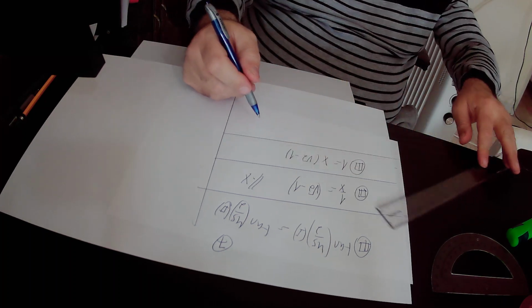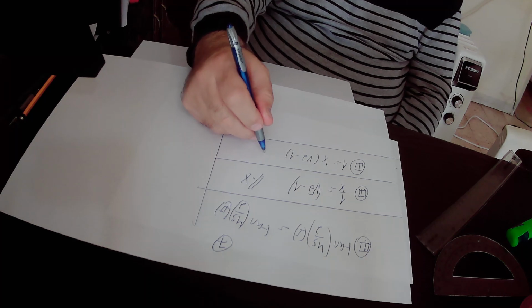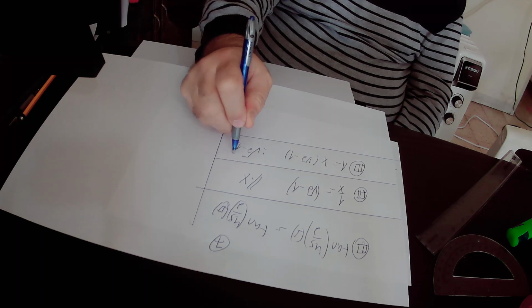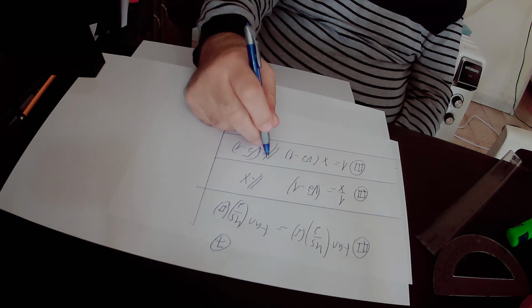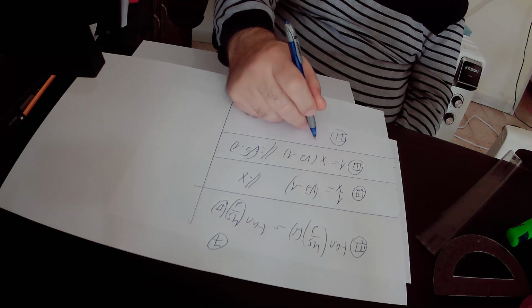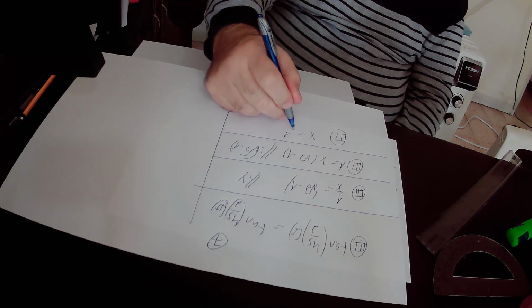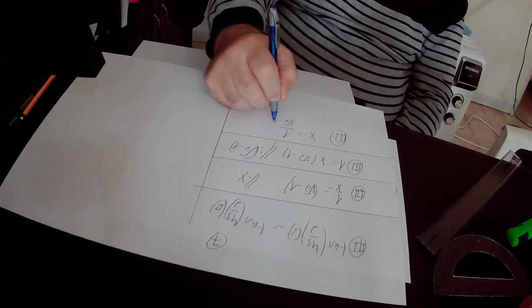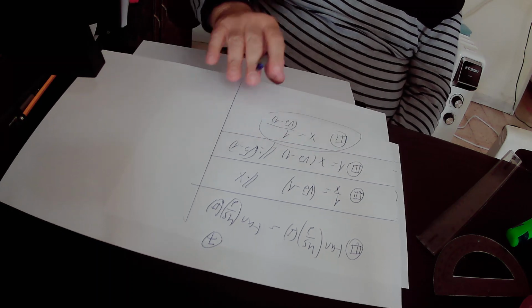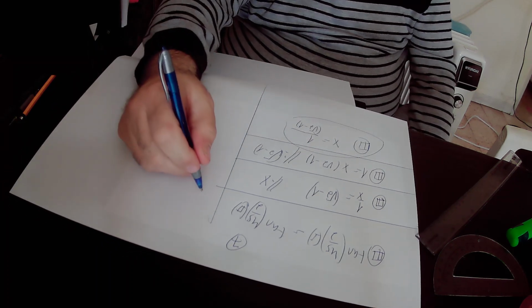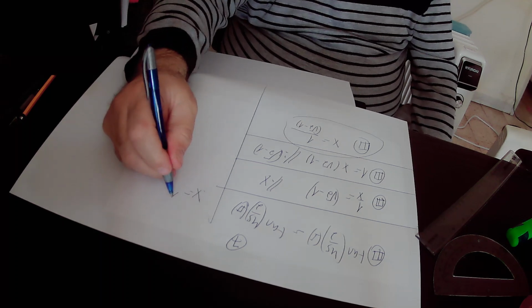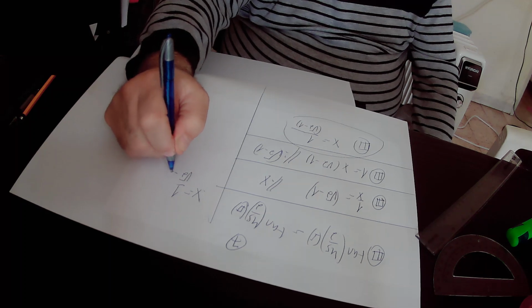So here we divide equation number 3 by the square root of 2 minus 1, and we get that x equals 1 over the square root of 2 minus 1.